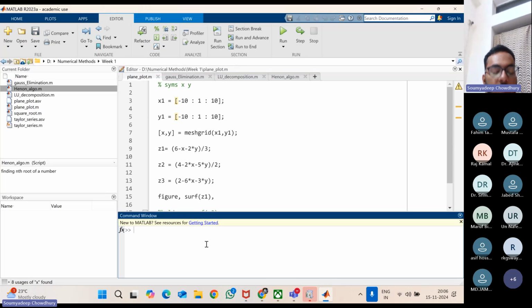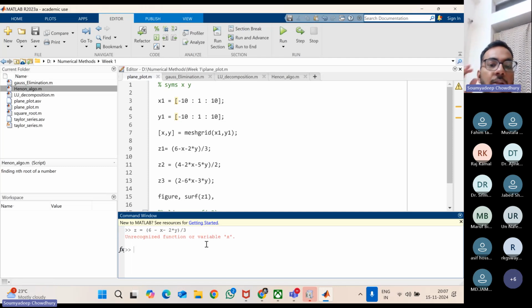So you have an equation, say ax plus by plus cz equals d, and you want to plot it and see how the plane looks like.